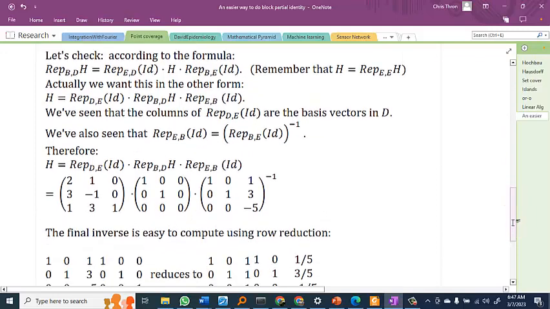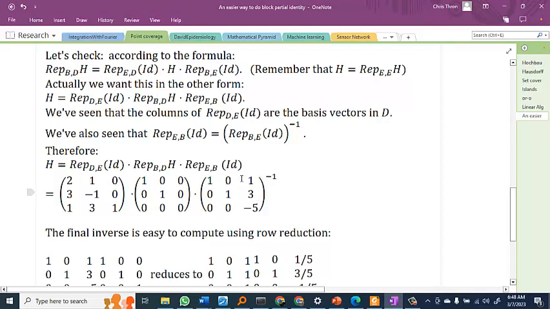H is equal to this matrix, whose columns are the basis vectors in D. Remember, I chose my third vector simply to be linearly independent from the other two. These two are the columns of my original matrix. Then I have this matrix here, and then I take the inverse of this matrix here.